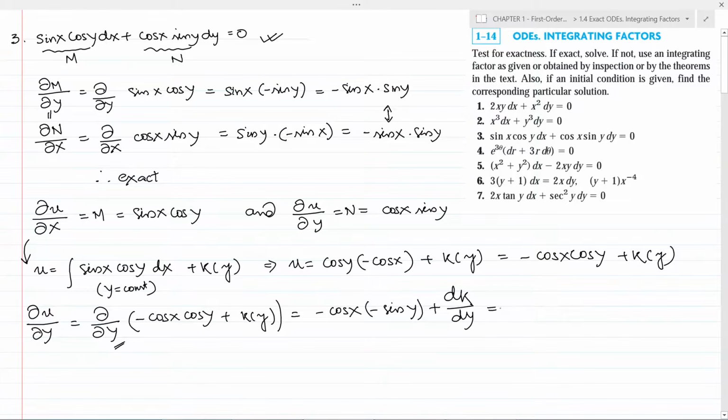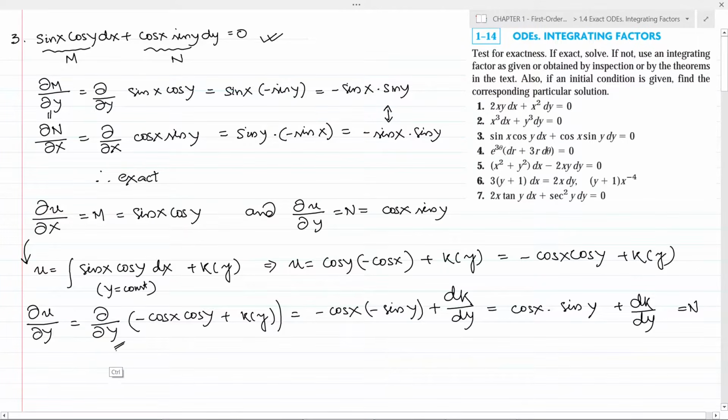This is equal to cos x multiplied by sin y plus dk by dy, and del u by del y equal to n.